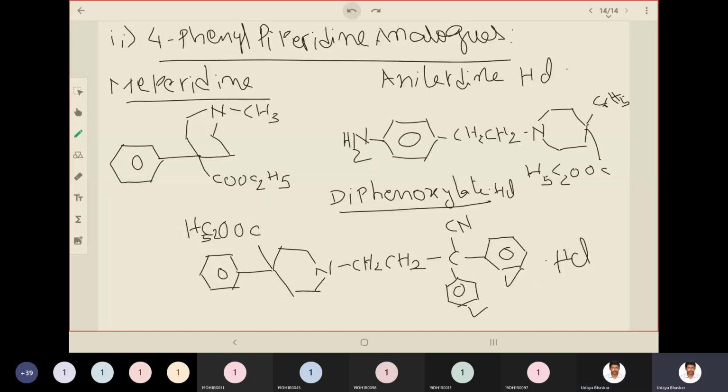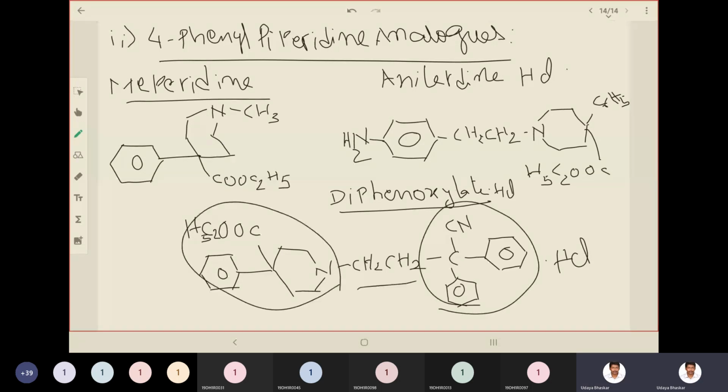So better remember there are two phenyl rings on the carbon, which also has a cyano group, and through the ethyl link make it as one moiety and link it to this moiety with the help of an ethyl group. This is the structure of diphenoxylate hydrochloride.